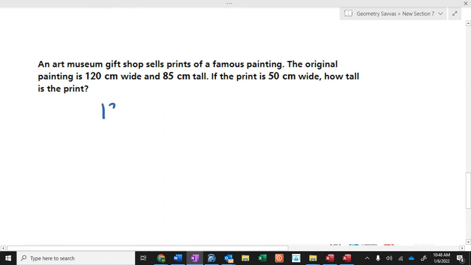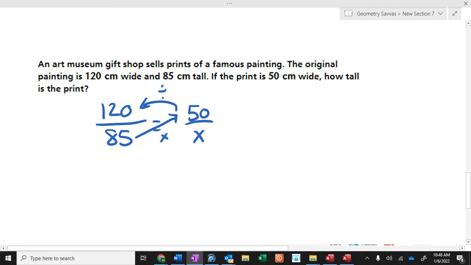Okay? All right. An art museum sells prints of a famous painting. The original painting was 120 centimeters wide, over 85 centimeters tall. If the print is 50 centimeters wide, how tall is it? Okay. Again, we do a proportion. You could cross multiply, or simply you could take this times this divided by this. Okay. 85 times 50. I don't know what that is off the top of my head.